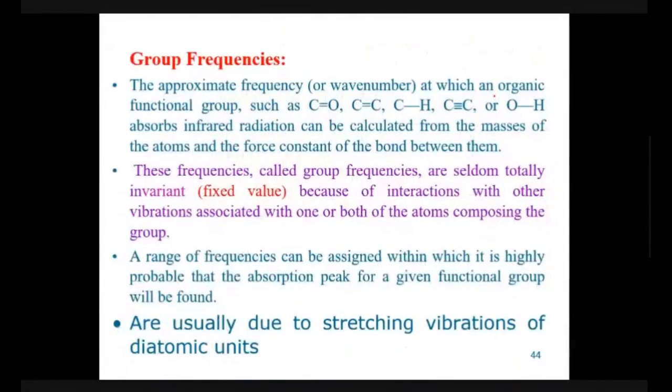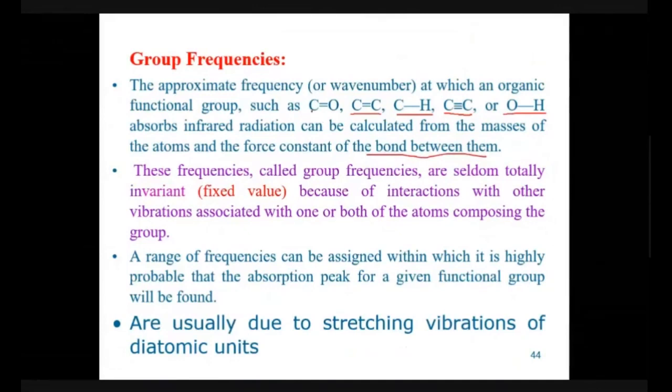Now, you will need to memorize this. This is asked in the exam also. Group frequencies: the approximate frequency or wave number at which an organic functional group such as carbonyl C=O, C=C, C-H, C≡C, O-H absorbs infrared radiation can be calculated from the masses of atoms and the force constant of the bond between them.